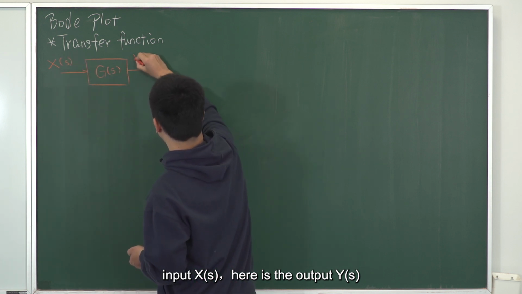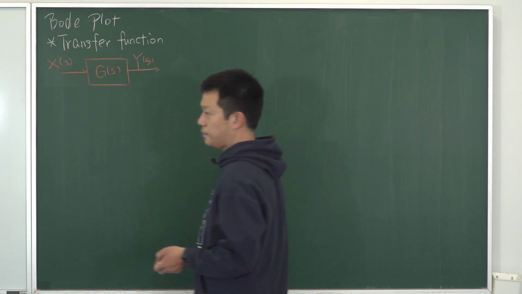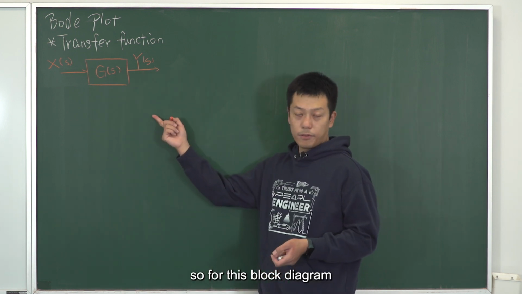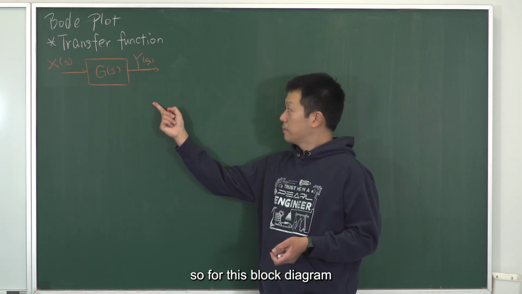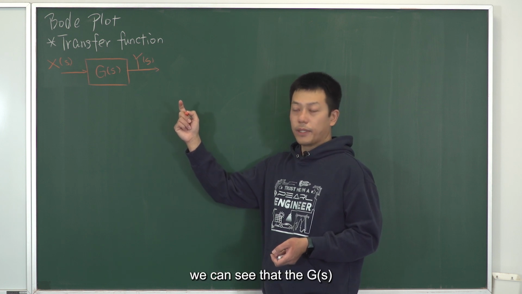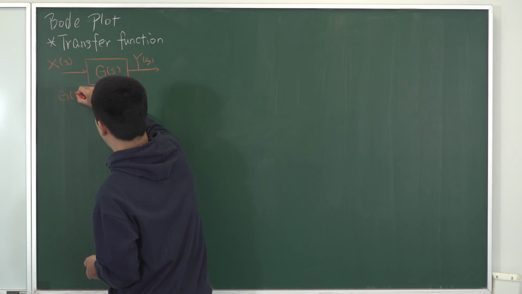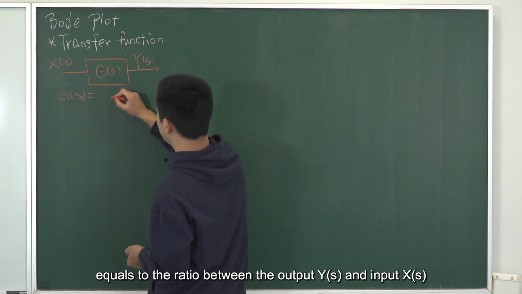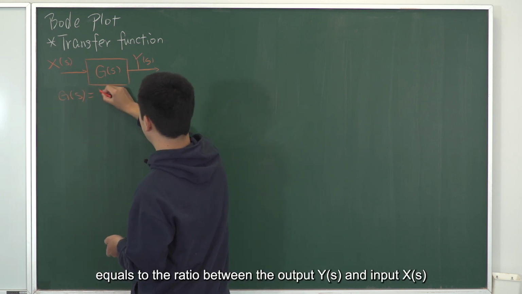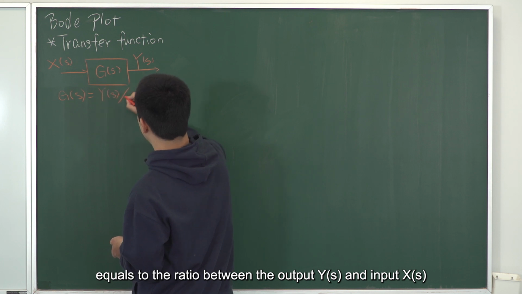Here is the output, Y(s). For this block diagram, we can see that G(s) equals the ratio between the output Y(s) and the input X(s).